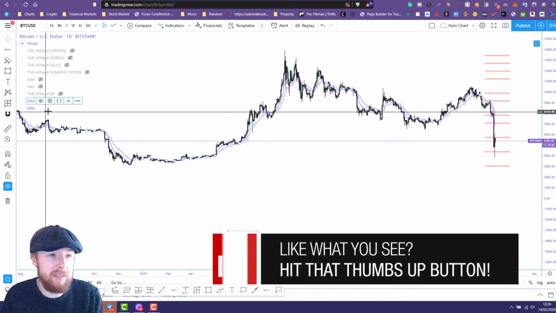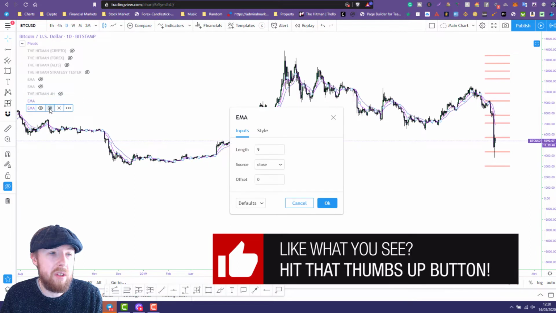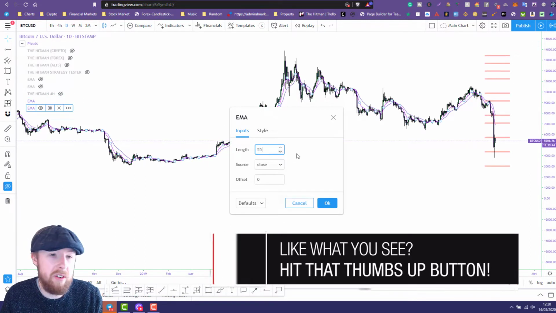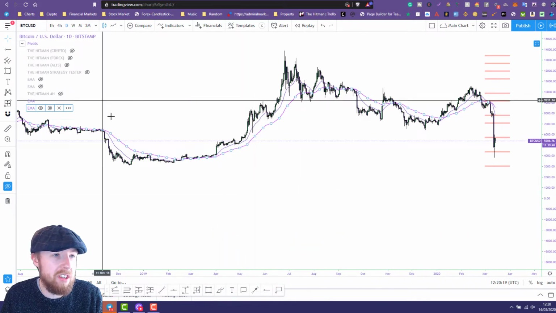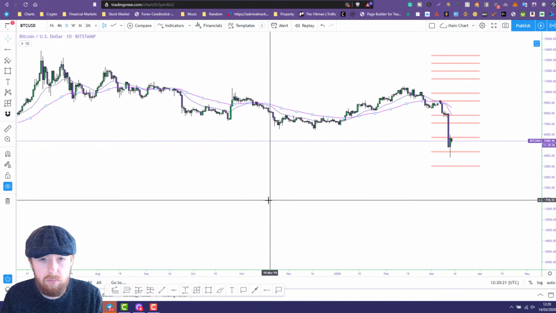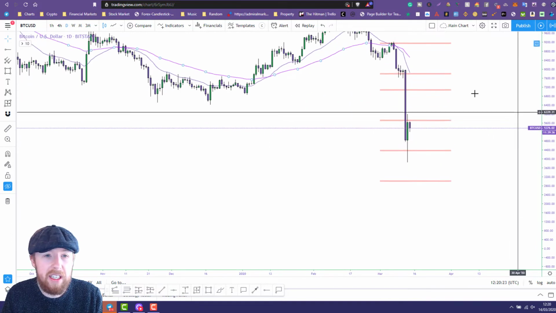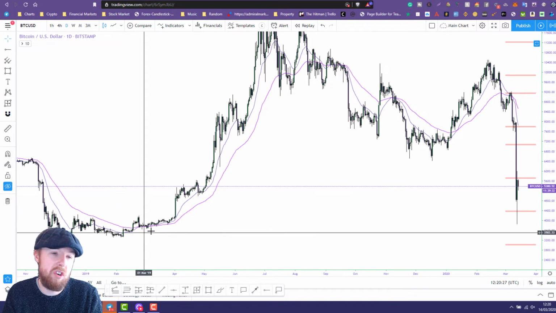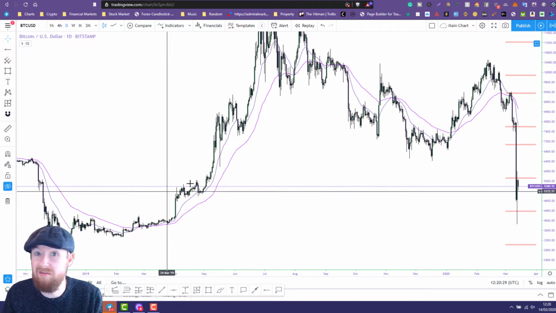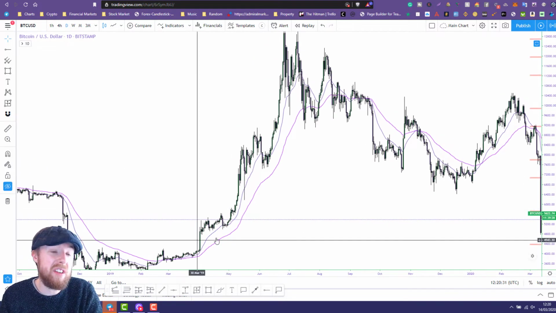It's nice and tight. Then you could start looking at maybe a 55 moving average, which changes it up a little bit more. And then when you start zooming in on this, you can see quite quickly how price is moving within the crossovers of these to give you a trend, a very, very simple trend.